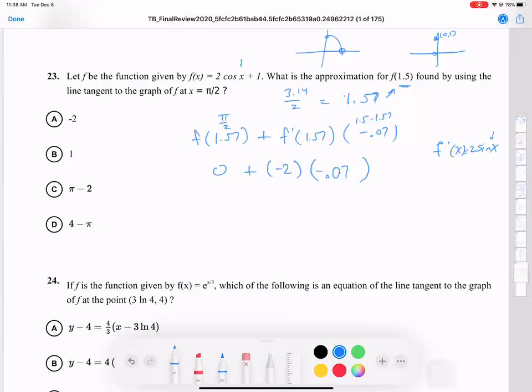Negative 2. The cosine at, what is f? Oh, sorry, this is a 1 here. That's a 1. Because 2 cosine of pi over 2 is 0. 0 plus 1 is 1. That's a 1.